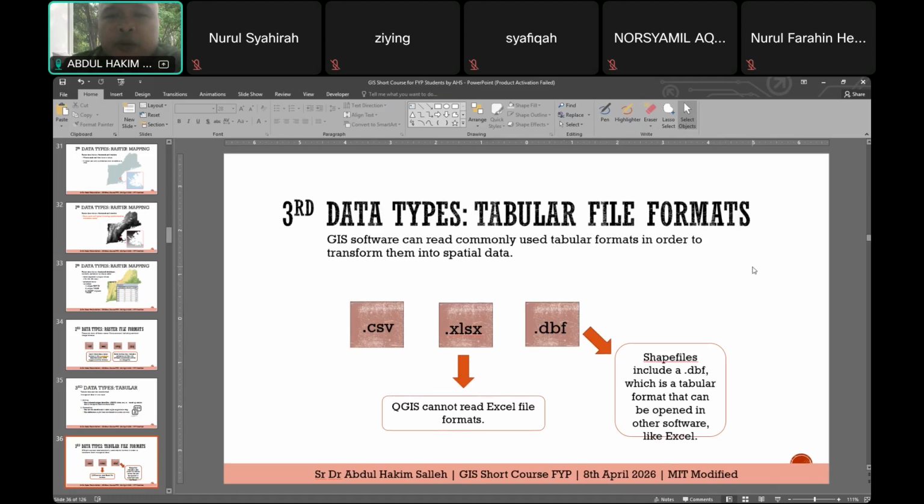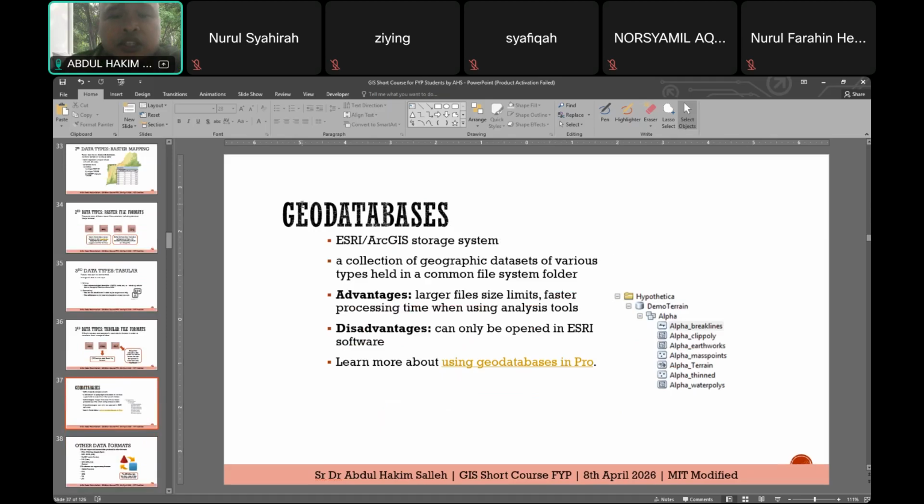DBF. Now, let's take a look at the geodatabase. There are basic databases. There is also what is known as a geodatabase. A geodatabase comprises a lot of spatial data that is connected with one another.